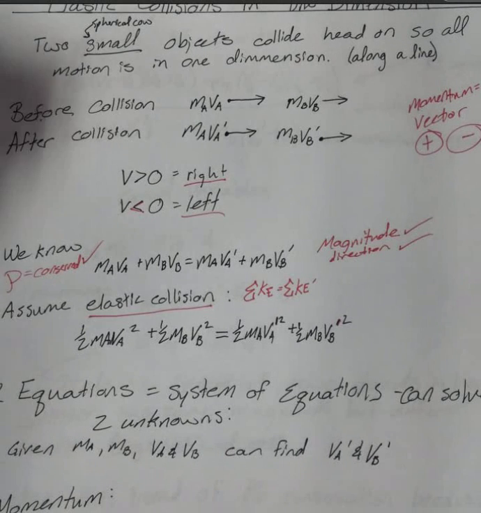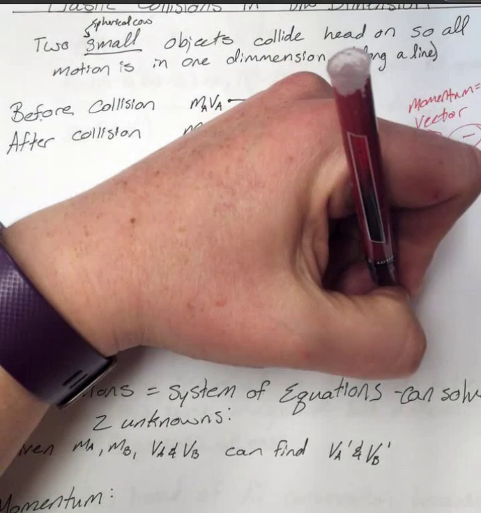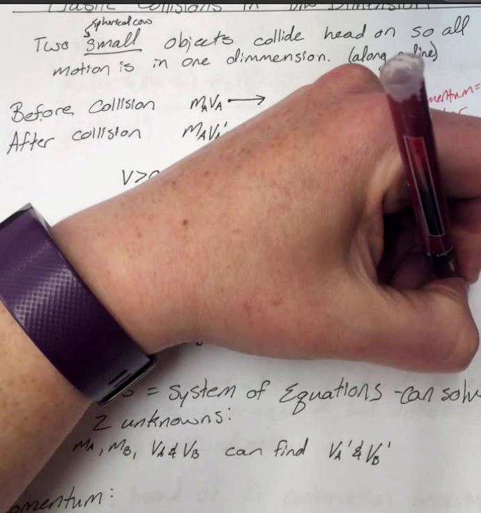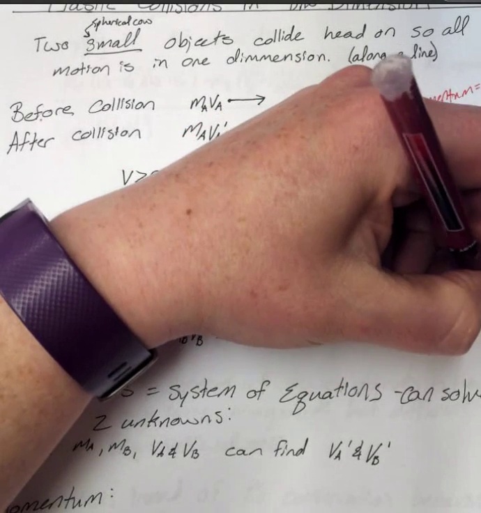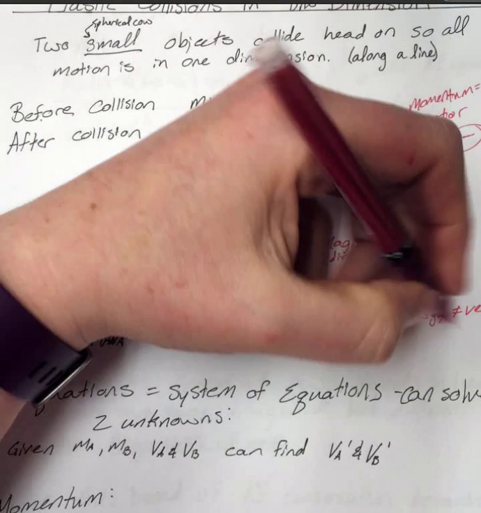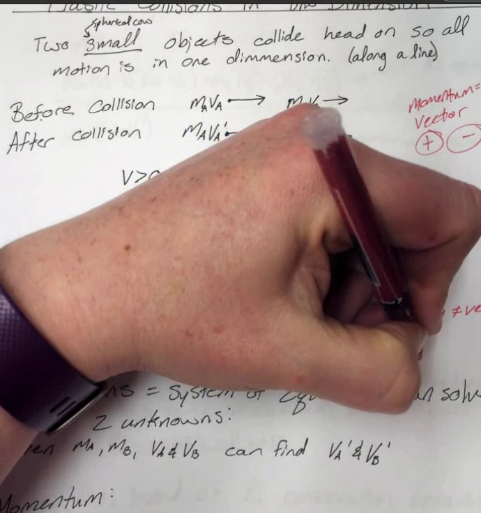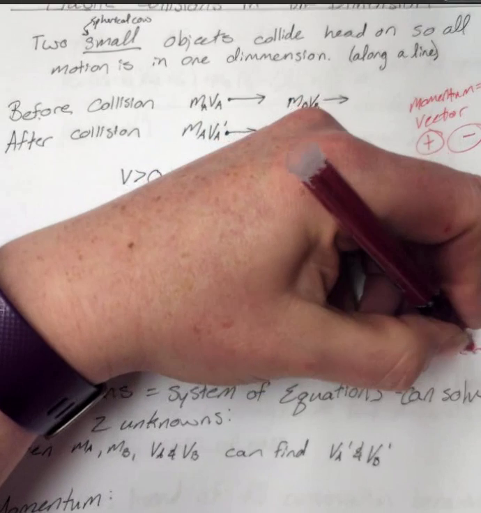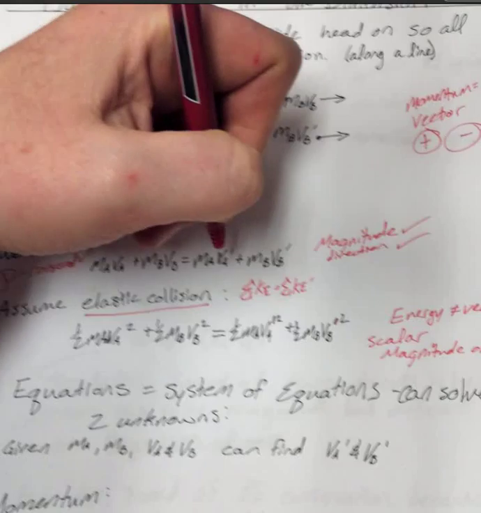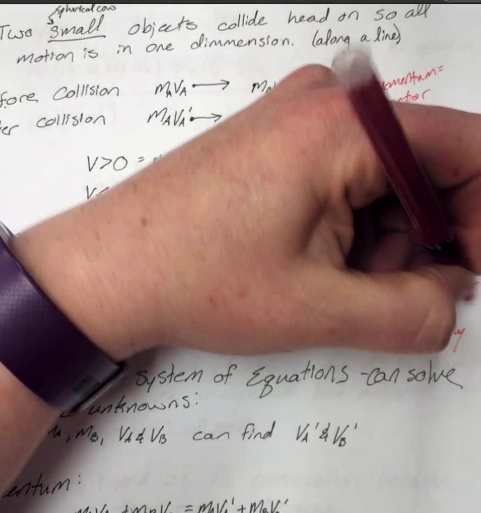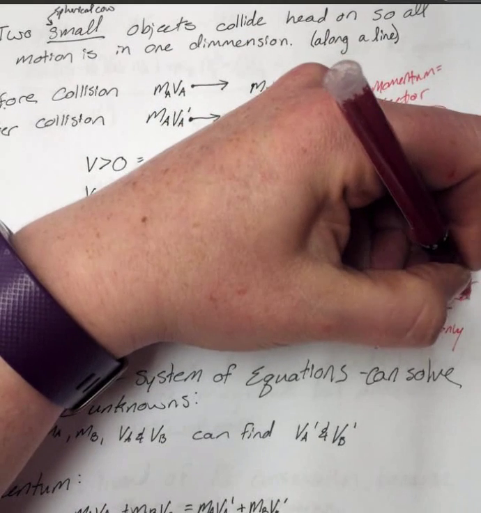Remember that energy is not a vector. So when we talk about conservation of energy, that's scalar, so it's magnitude only. And for scalar quantities, positive and negative would be gained or lost.